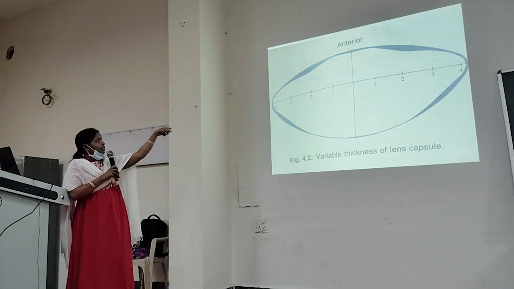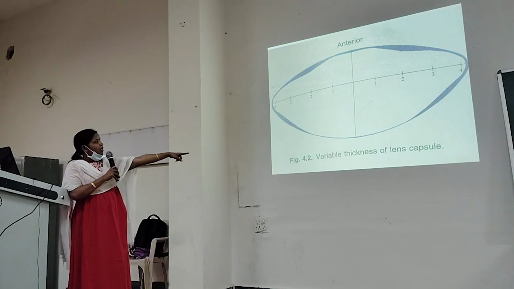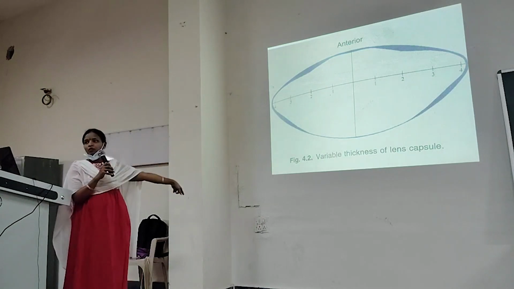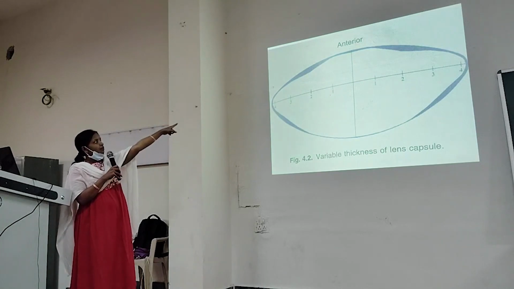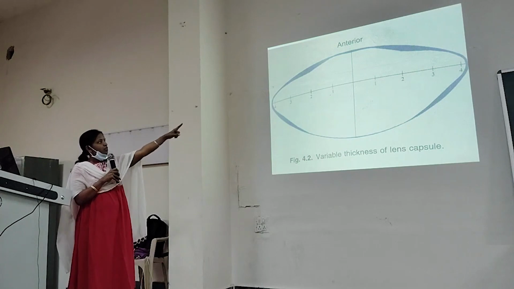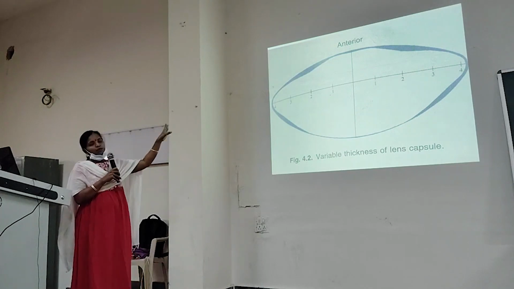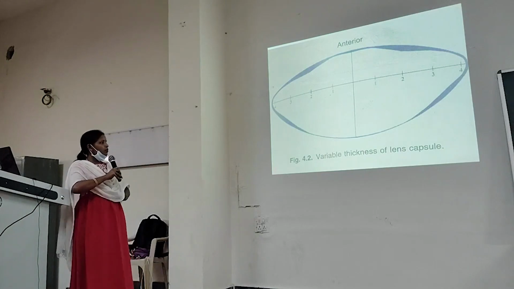This is the equatorial region, and this is the anterior pole, and this is the posterior pole. So it is very thin at the posterior pole, okay? And it is thick just beside the anterior pole, and here also just beside the posterior pole. That area is known as pre-equatorial region. That is the thickest portion of the lens capsule.